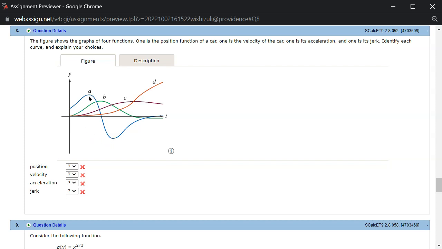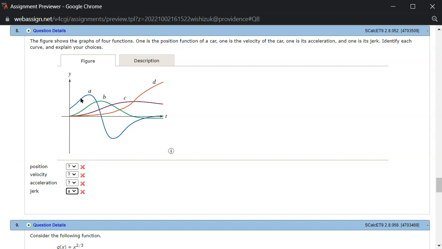Here A would have a horizontal tangent line, so you would have something that would go through the t-axis, but none of them is going to go through there. Which means that A does not have any derivative. So I have a feeling that A is going to be the jerk, so the very bottom one, right? So we can kind of start backward there.